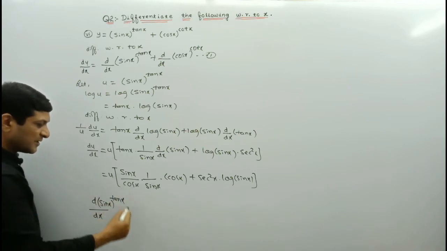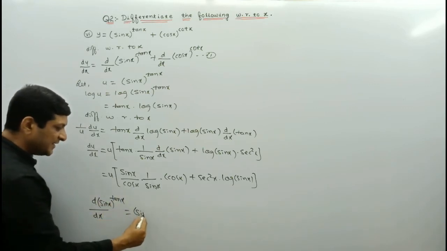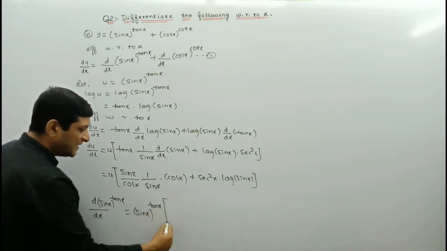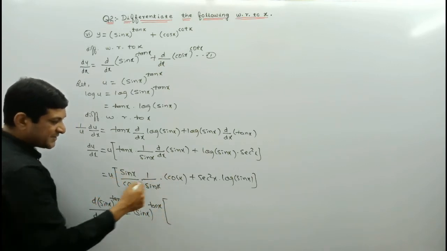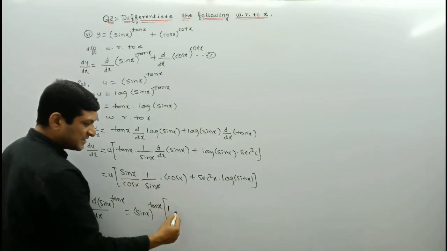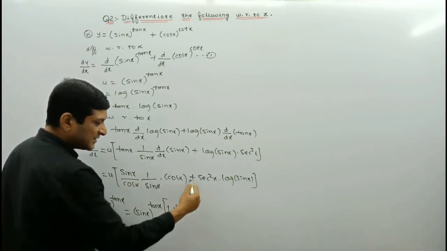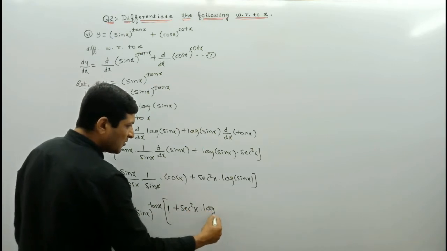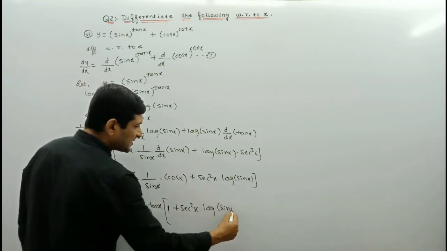On this side also replace u by sin x raised to power tan x, and here sin x, cos x will get cancelled, the remaining term is 1, plus keep the remaining term as it is, sec square x into log of what? Sin x.